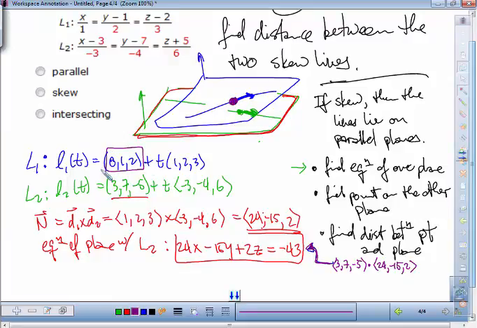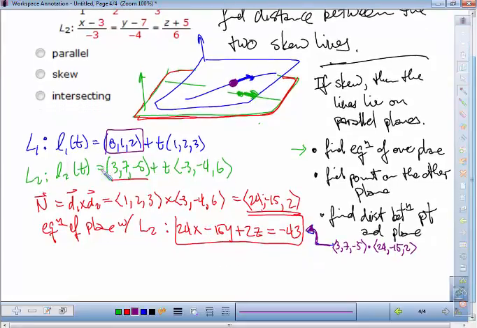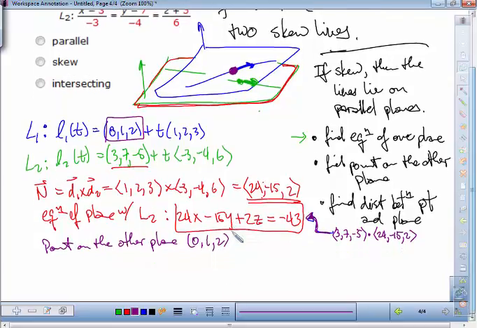This is a point that's on the line, but it's also on the other plane. And that's really all you need. So the point on the other plane is 0, 1, 2. And then you just use a distance formula.